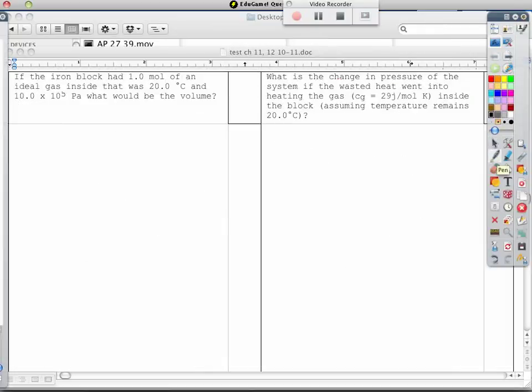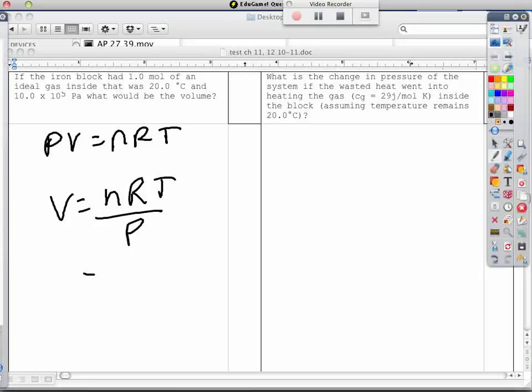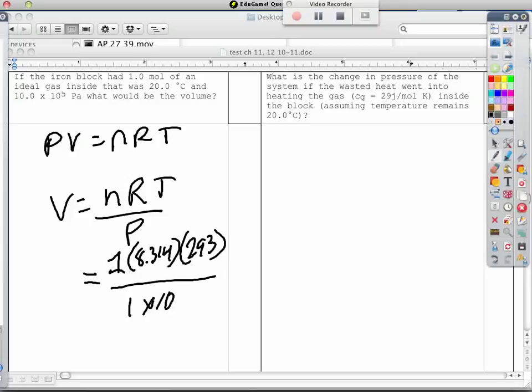So if this block had 1 mole of an ideal gas, and this is just straight PV equals nRT, right? So what would be the volume? V is nRT over P. So n is 1, R is 8.314, T is 293, and P is 1 times 10 to the 6th.